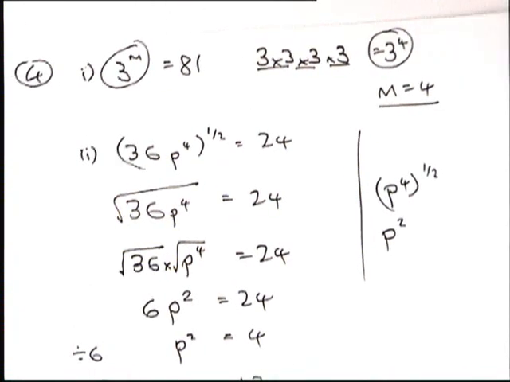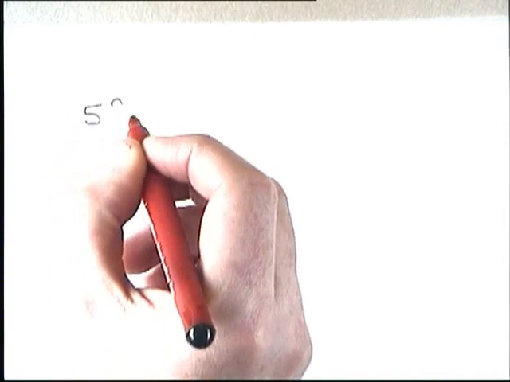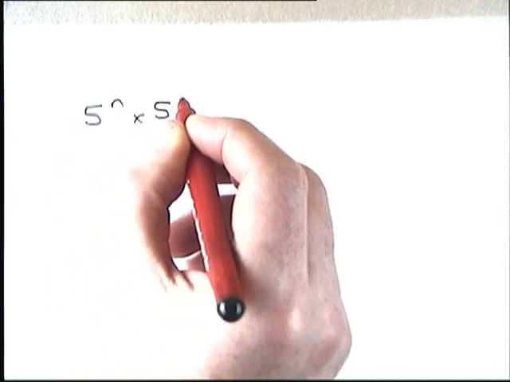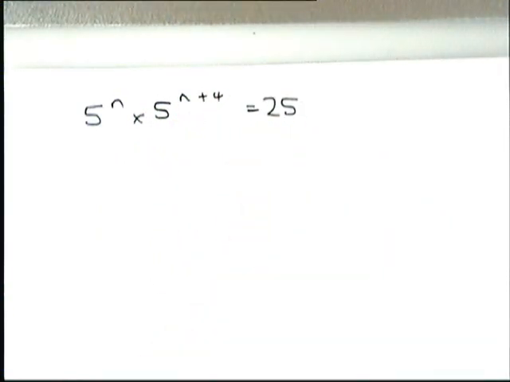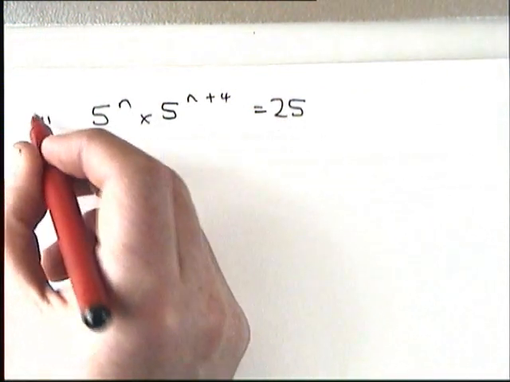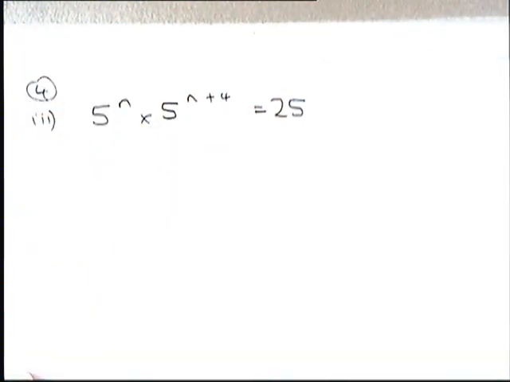Next, part 3 of the question. We have a different equation, which is 5 to the n times by 5 to the n plus 4 equals 25. So this is now part 3 of question 4.